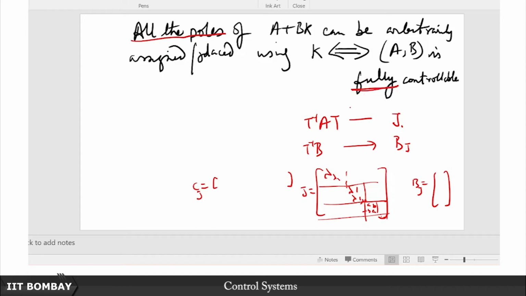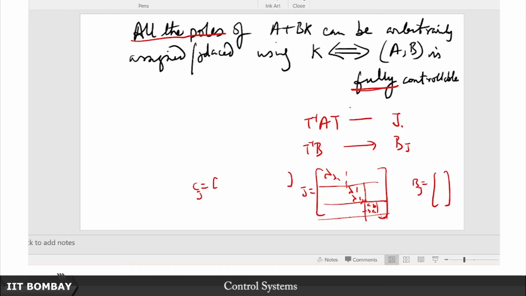There are notions like stabilizable. To put it very briefly, when we say a system is stabilizable, it means that there may be some modes of the system which are unstable, but at least those modes are controllable.